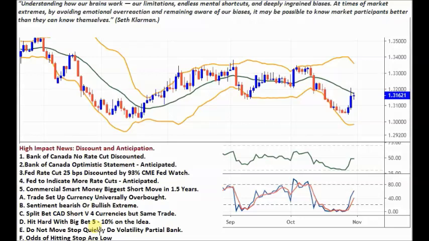You do not want to move your stop too quickly. Very often you'll see a currency surge in your favor, then it will stall. And it's tempting to move the stop up or snatch the profit. Don't. What you want to do, if you bet big, is volatility partial banks. So what you do is you work out the volatility of the pair, and then against that volatility, you do a partial bank of half.